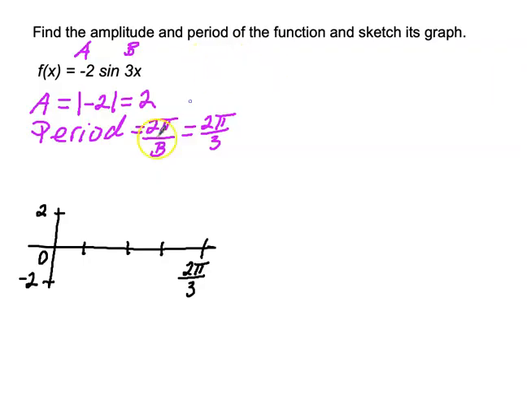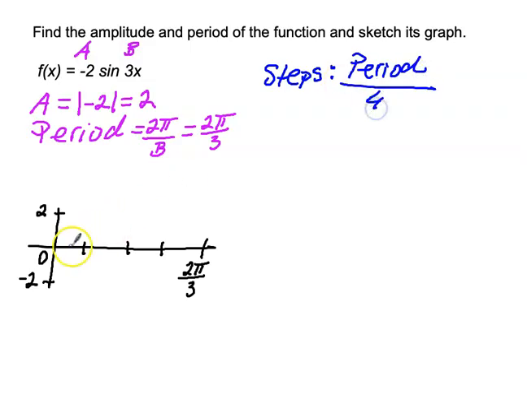I'm going to write those steps. So we have steps. Some textbooks call them key points, so I'm calling them steps. It's easier to write. And what we do is we take the period. So I'm just going to first write it down. We take the period and we're going to divide by 4, because we have 1, 2, 3, 4 different values.